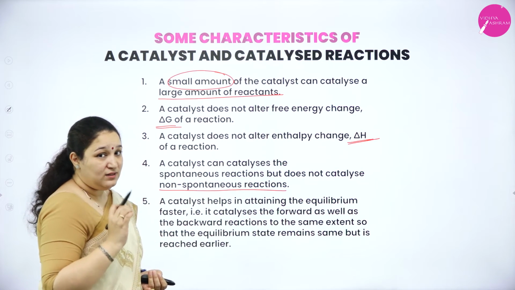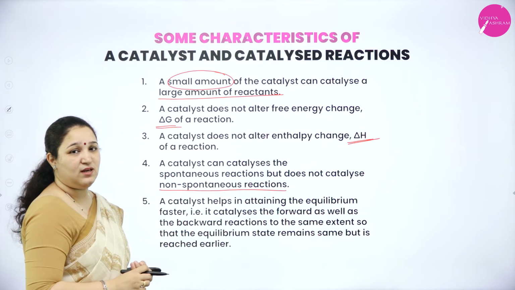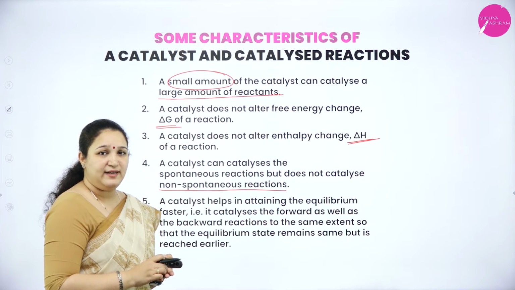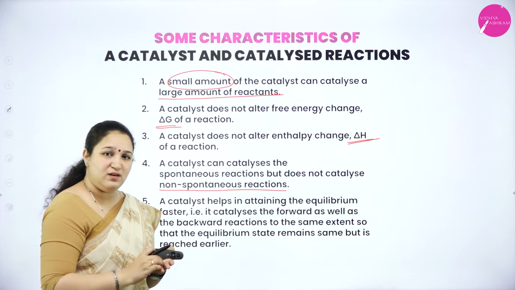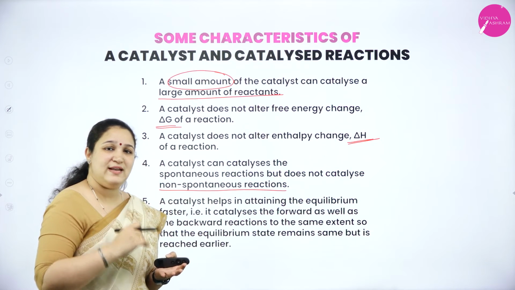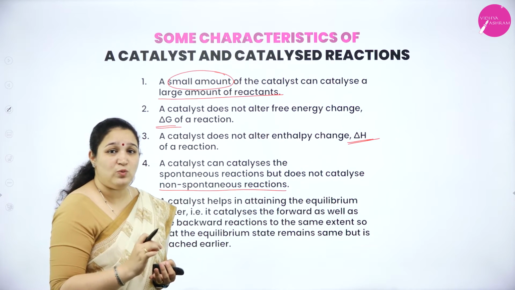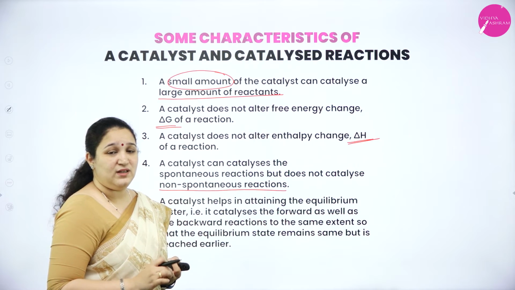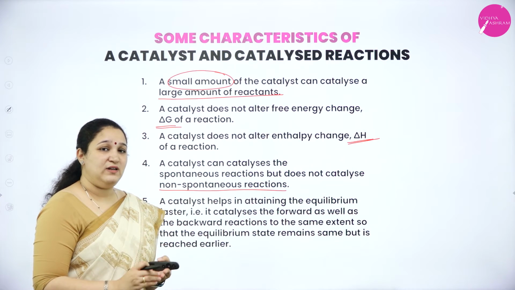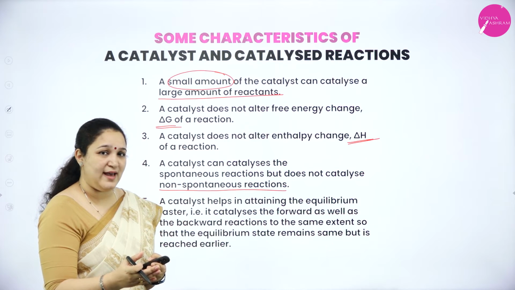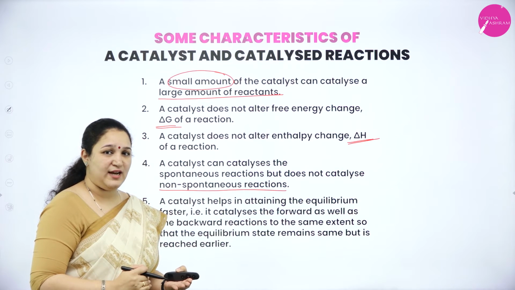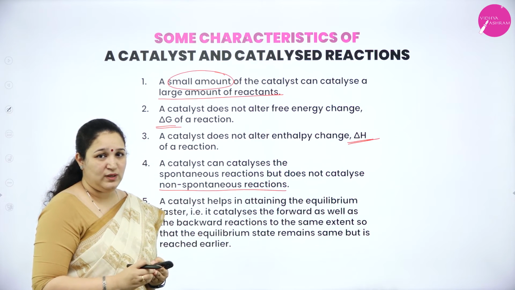And the last characteristic is, if it is a reversible reaction and a catalyst is added, the catalyst will increase the rate of the forward reaction as well as the rate of the backward reaction equally.